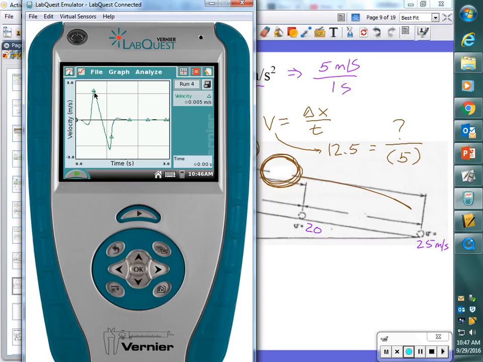When does gravity start slowing it down as it's traveling upwards? As soon as I stop doing what? As soon as I stop pushing it. That spot on the graph is the moment it leaves my hand. Because at that point, it goes from speeding up because of my hands to slowing down because of gravity. Does that make sense? Okay.